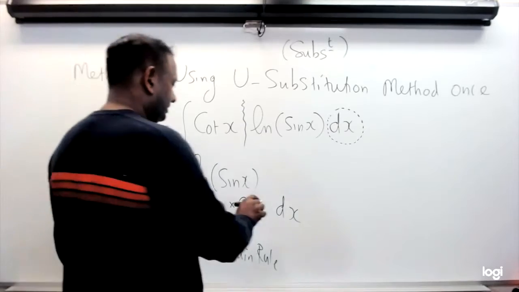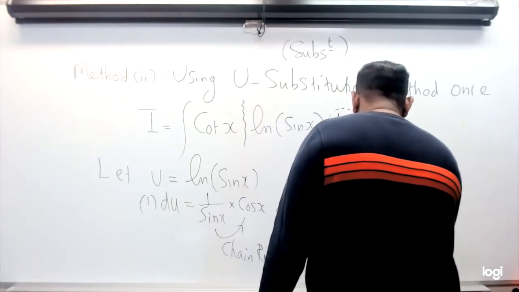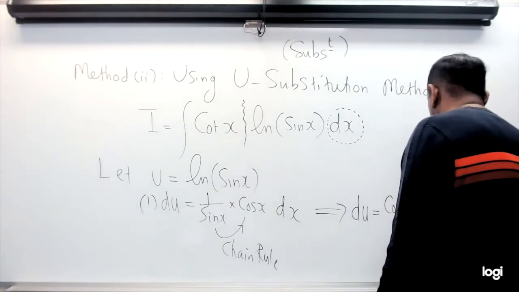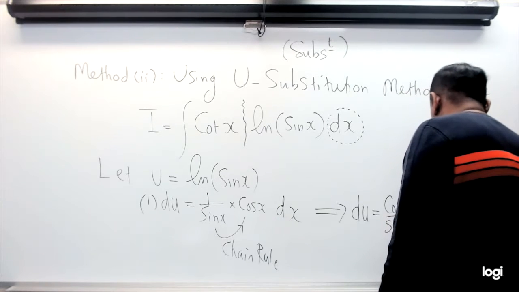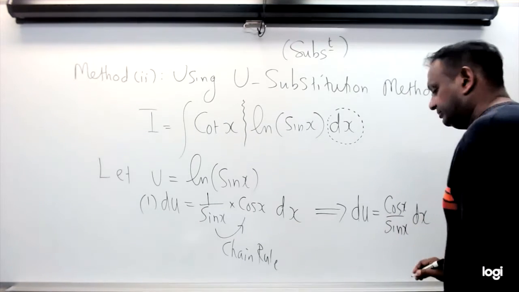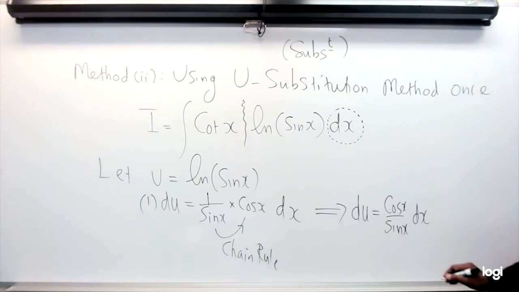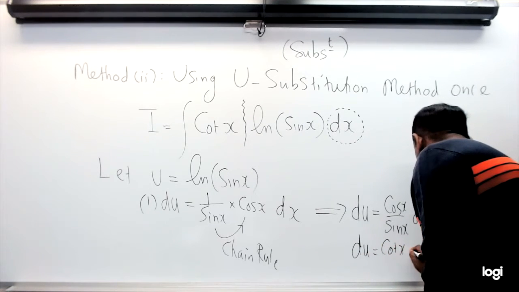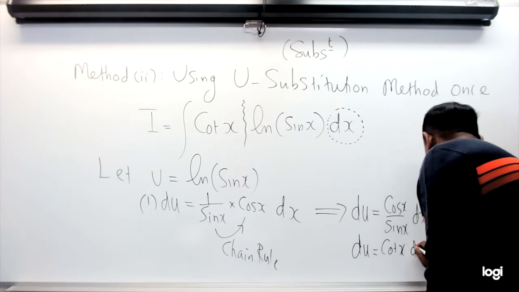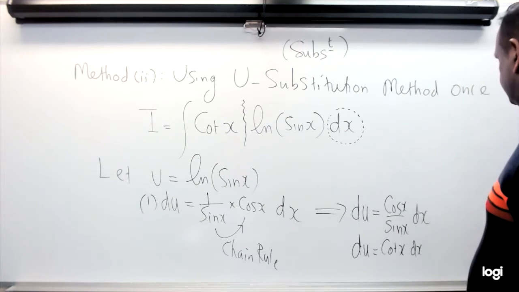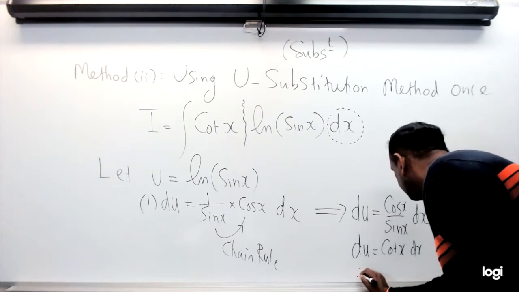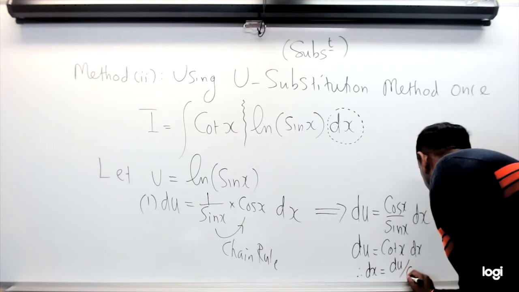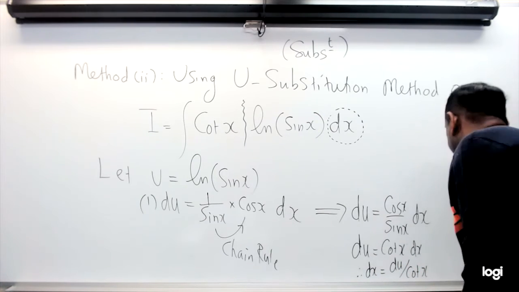Then this means du equals cos x over sine x dx, and du equals cot x dx. Therefore, dx is nothing but du over cot x.